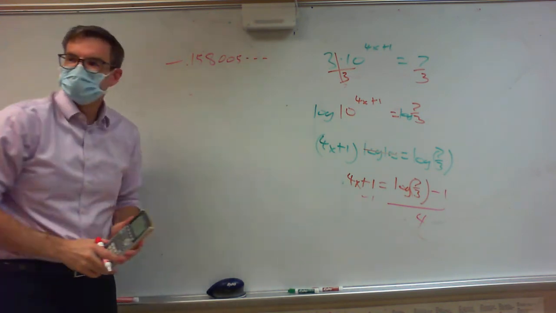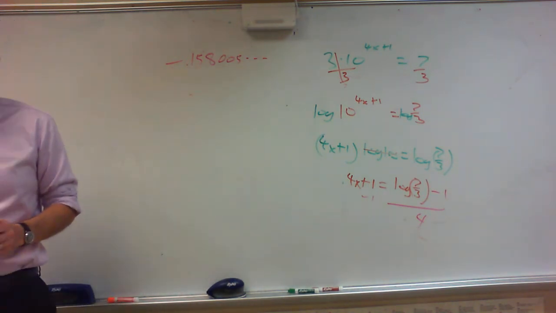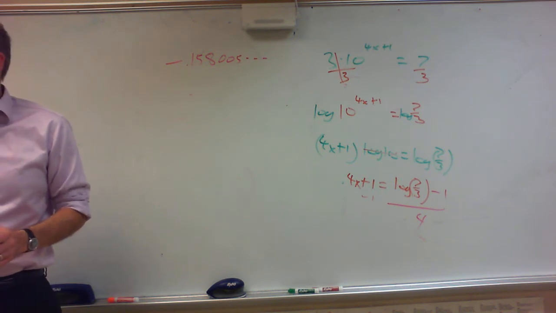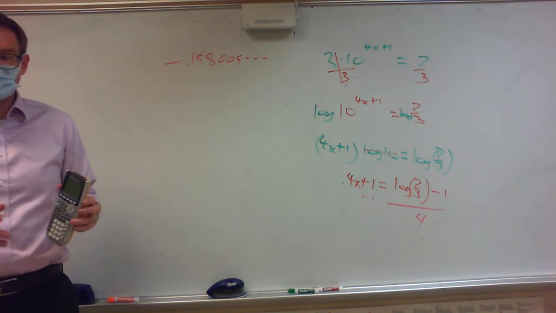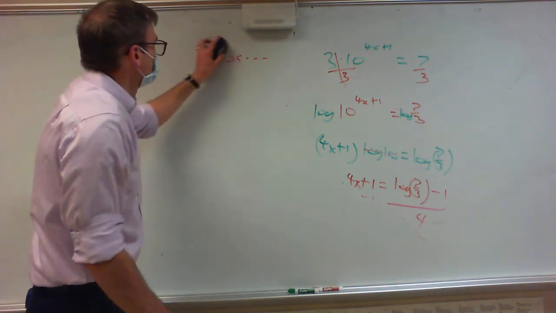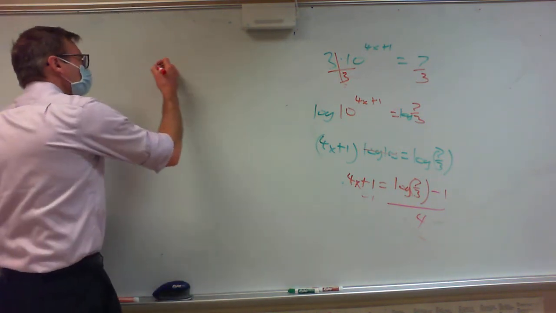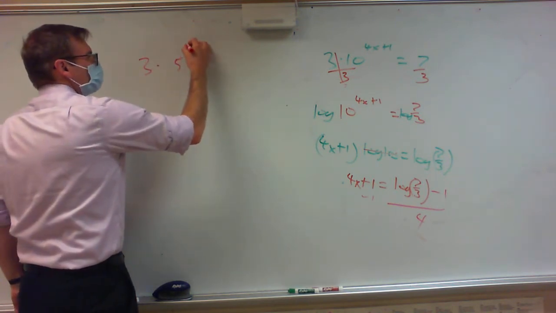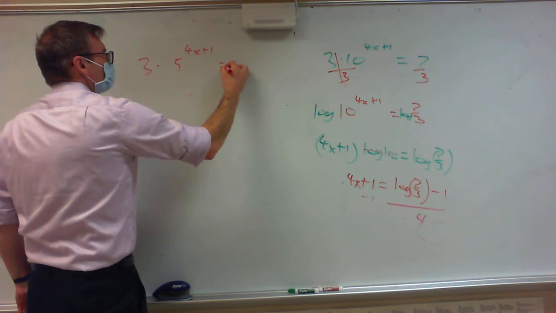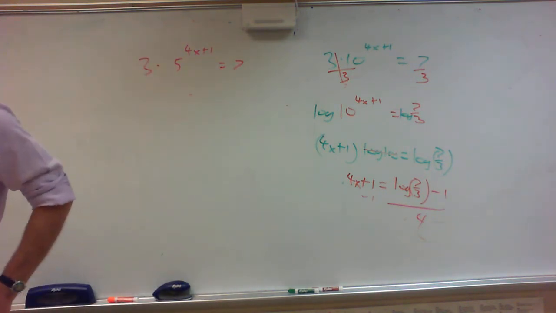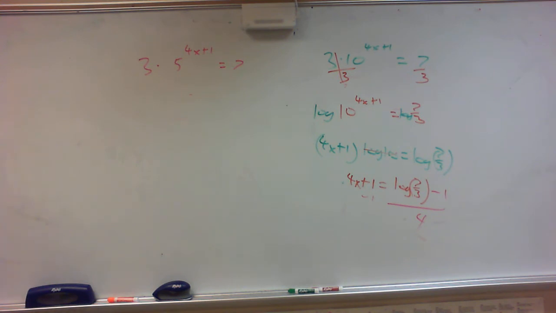Got that. Is everybody okay with this? All right. Well, what if it was 3 times 5 to the 4x plus 1 equals 7? How do you do this one?